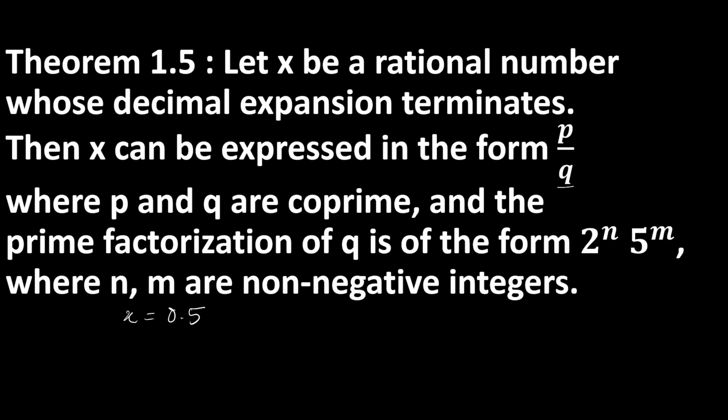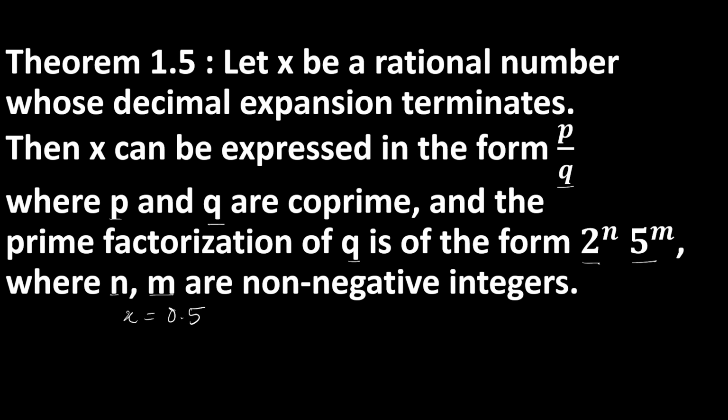They are saying that if x is terminating, then you can write this 0.5 in the form of p by q, where p and q are co-prime, which means the HCF, highest common factor, of p and q will be 1, and the prime factorization of q is of the form 2 raised to n into 5 raised to m, where n and m are non-negative integers.